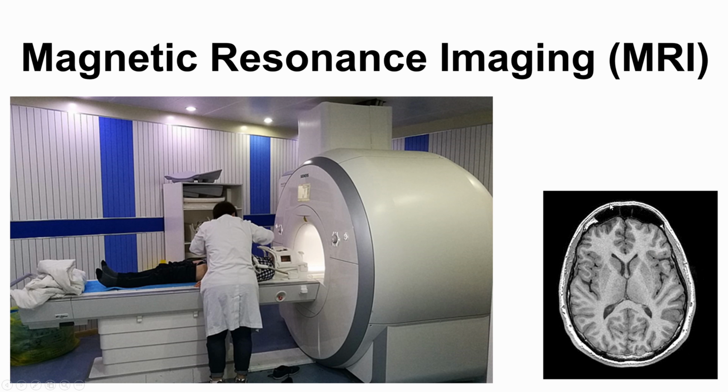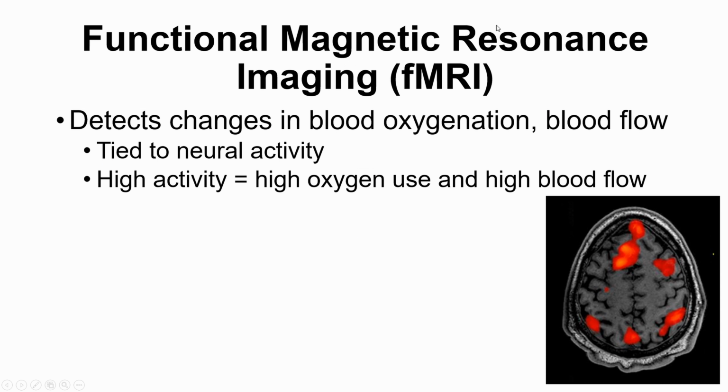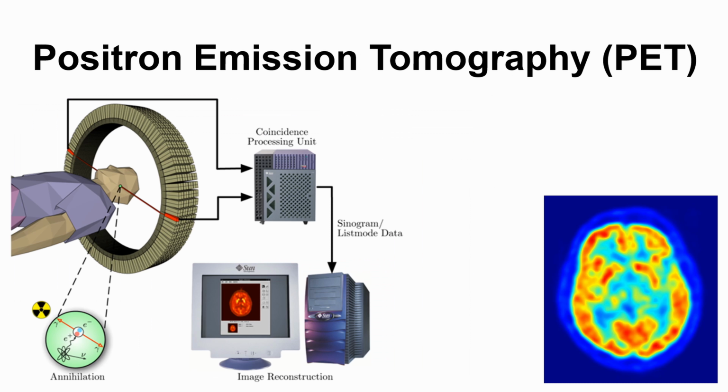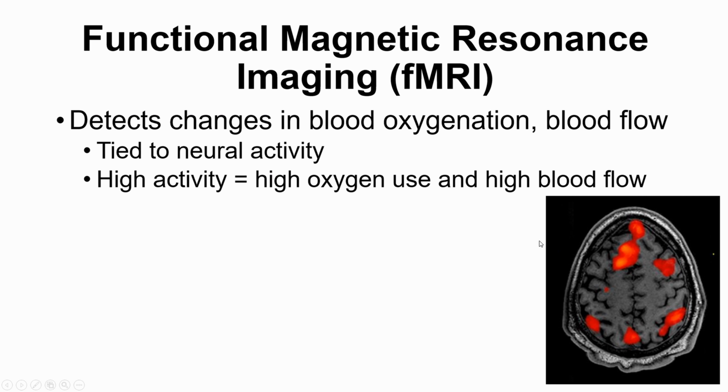And even better, if we pair a structural MRI with a functional MRI, or fMRI, we can actually get measures of activity, kind of like we just saw in our PET scan. Here, in the background, we're mapping on top of a structural MRI, but we're now going to specifically try and measure changes in blood oxygenation and blood flow.